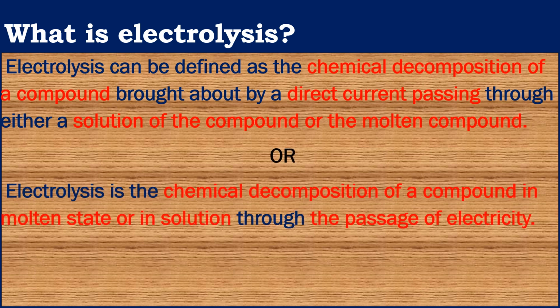And the second definition, define electrolysis as the chemical decomposition of a compound in molten state or in solution through the passage of electricity. But if you notice, on this slide, I painted some of the words in red. The red ones are the keywords that every student must take note of while defining electrolysis in any exam.